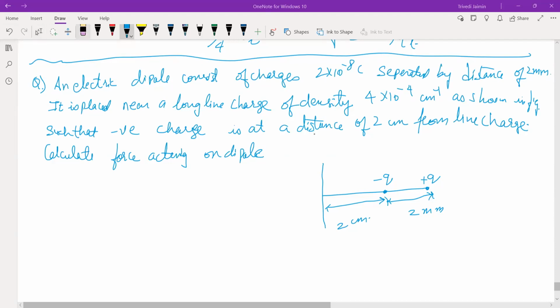I'll give you the formula, you try it again. What was that formula? Lambda by 2 pi epsilon naught r.